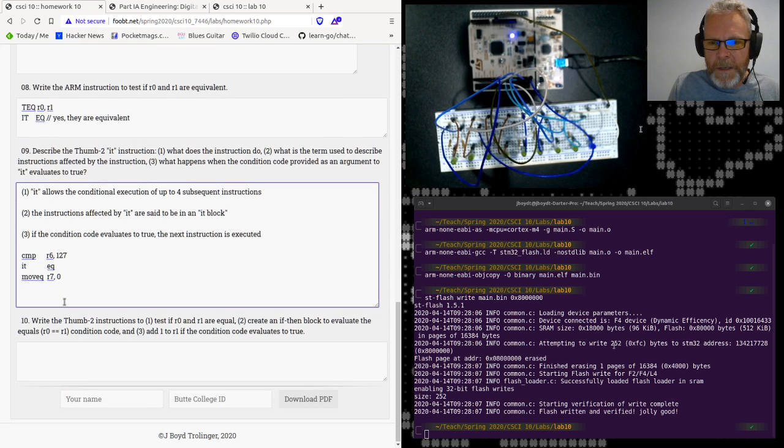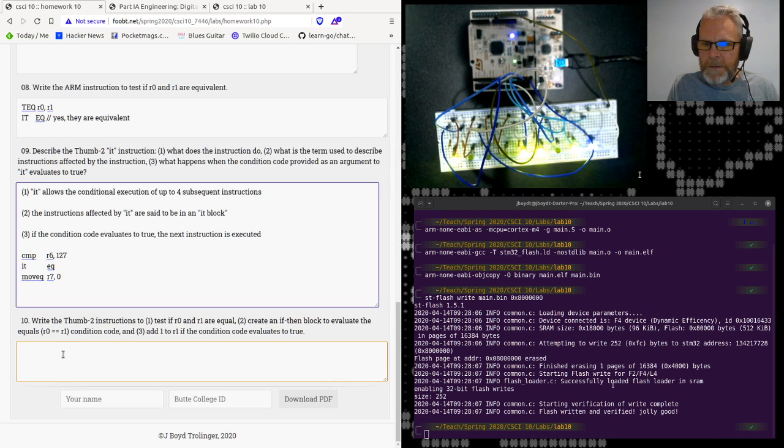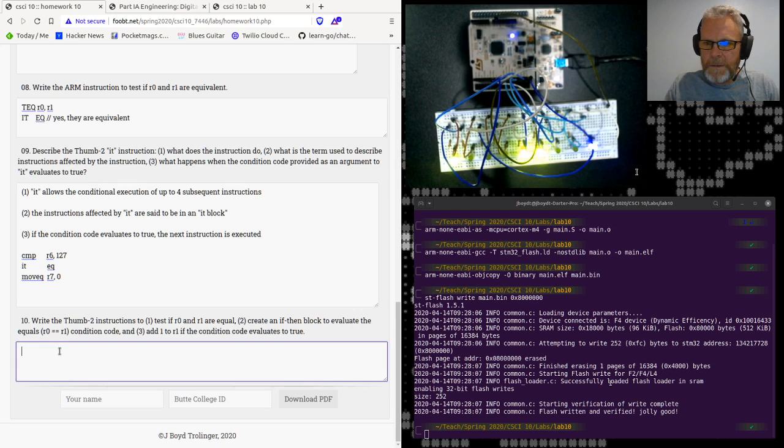Number 10, write the instructions to test if R0 and R1 are equal. Okay. I'm switching between upper and lowercase instructions. When I'm coding, I usually do lowercase. Sometimes in my examples, I do uppercase just to try to make it readable. So we want to see if R0 and R1 are equal. Create an if-then block based on them being equal.